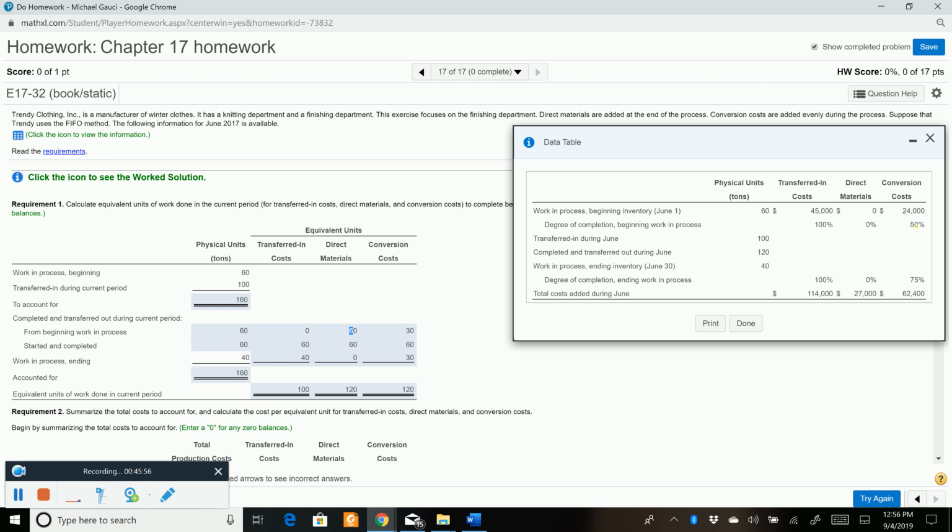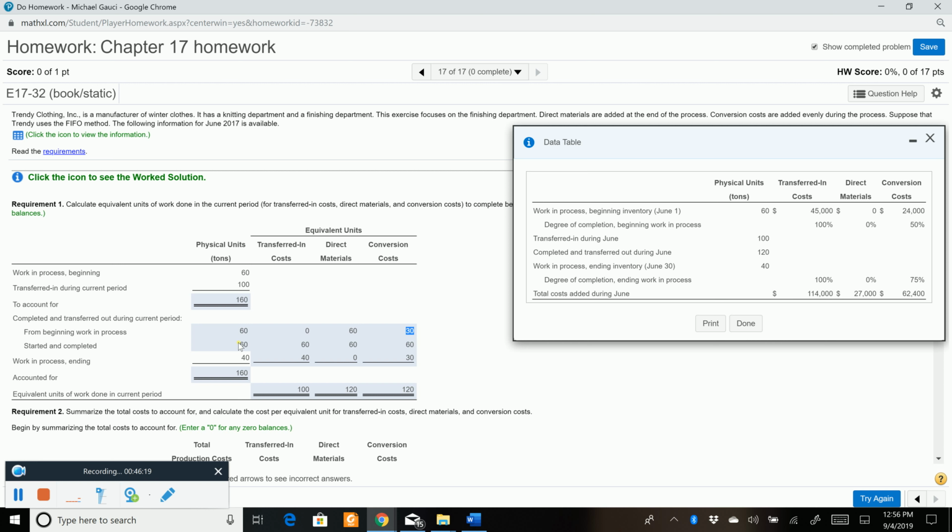And lastly, conversion costs, they were 50% complete in the beginning WIP. That means during the current period, the other 50% of conversion costs were added. So if I take physical units of 60, multiply it by 50%, that gives me conversion costs of 30.